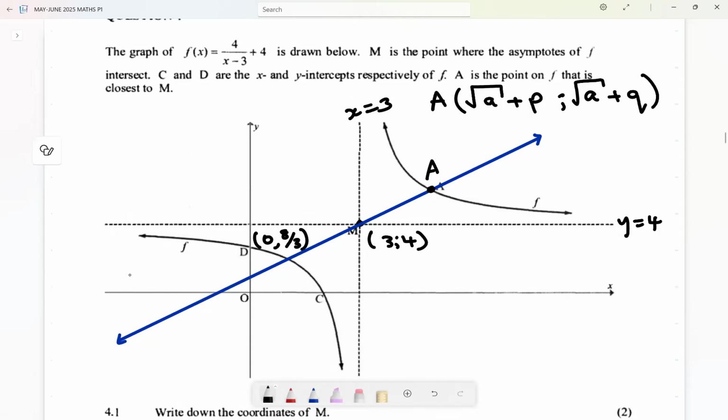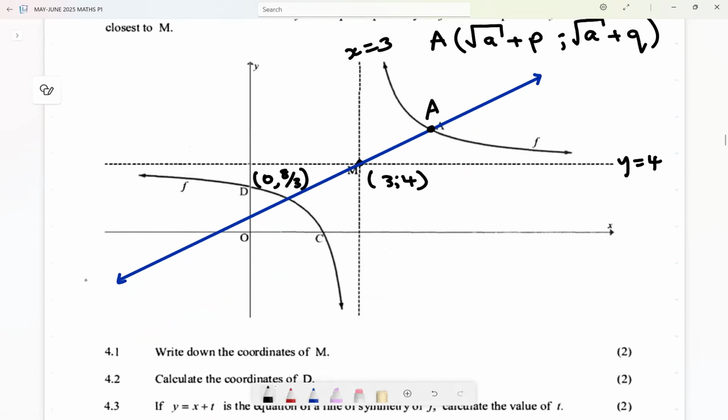How do I know that the root here is going to be negative or positive? You check, okay, it is on quadrant number 1. Again, on quadrant number 1, the value of y is positive. Also, the value of x is positive. But let's say we had a point here.